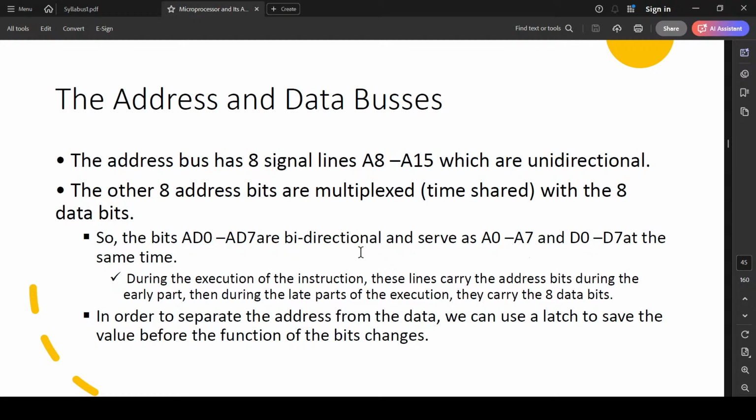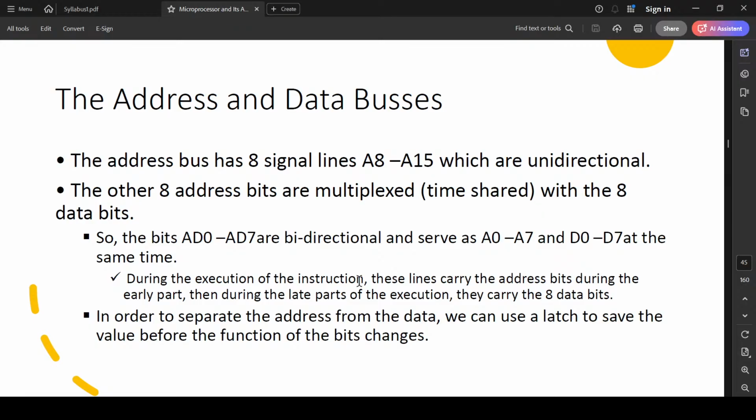In order to separate the address from the data, we can use a latch. Now we are using one medium for A and D together. So what we will do is use a latch to save the value before the function of the bits changes. Means before the instruction is started, it will function as A0 to A7.